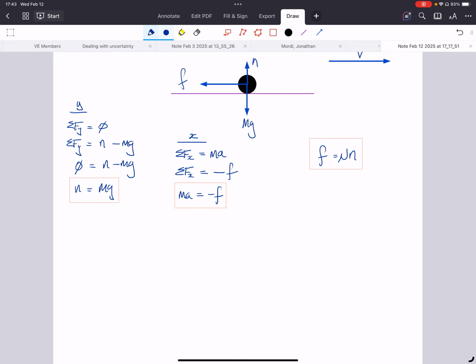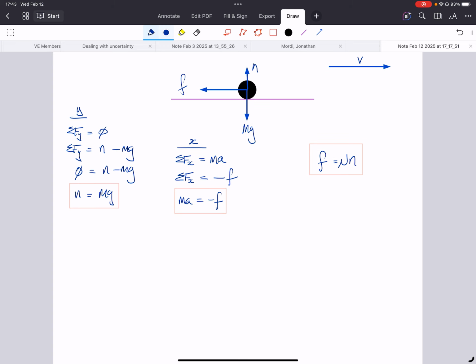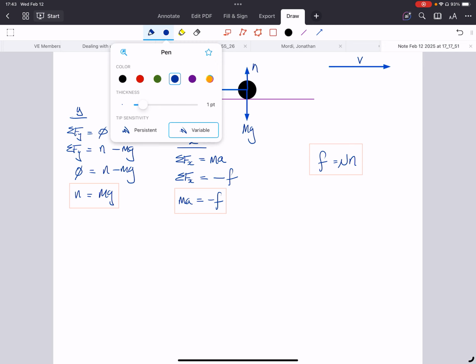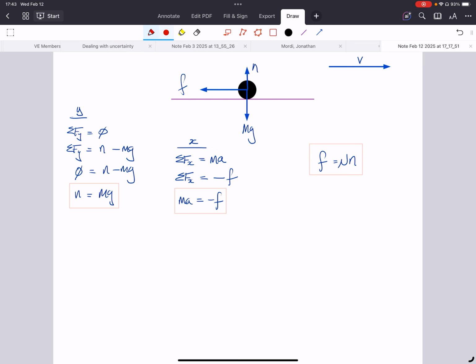And I'm hoping you all remember that if we need to bridge the two worlds, it's always via acceleration. Right? Acceleration will lead you from forces into motion or from motion into forces. And if we look at the information that we've developed so far, we can see there is an acceleration term in one of our three equations.